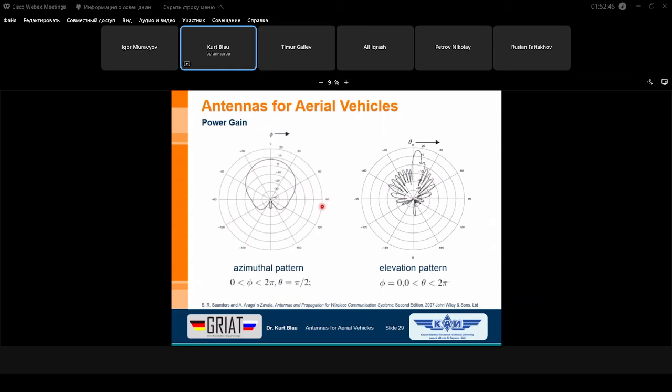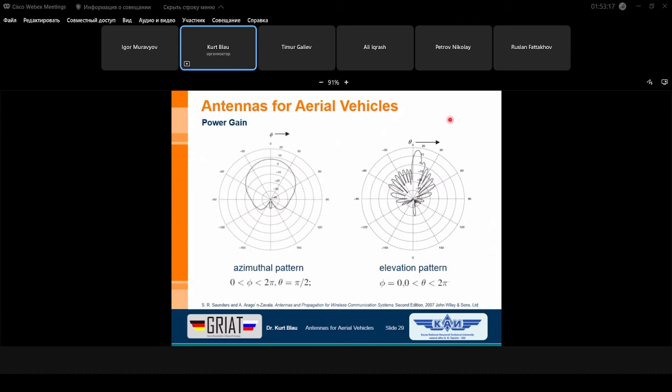And in this case, in case of elevation pattern, we also use the upper hemisphere and not the lower hemisphere, because in case of a car, it's clear the car is moving on the ground and only looks at the sky. In our case, in case of aerial vehicles, this is another situation. We have in most cases not to look at the sky.